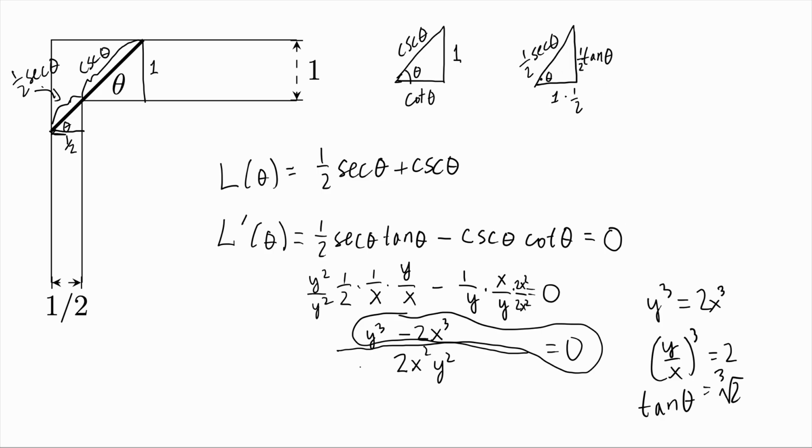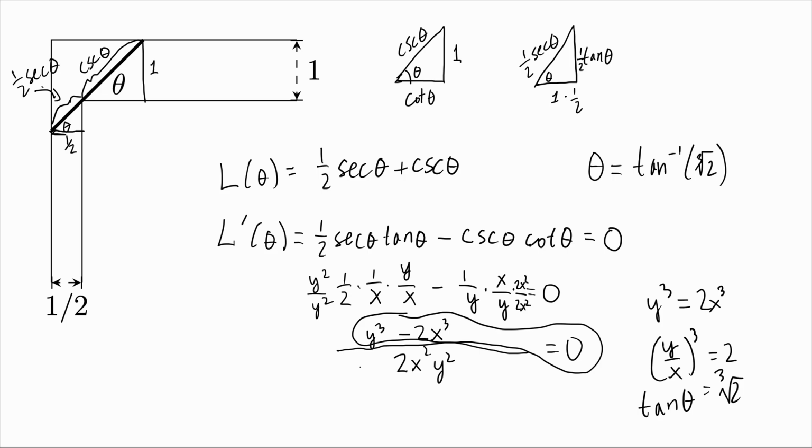So, at least in our situation, taking the tangent inverse of cube root of 2 will give us the theta that we want. This will be the value of theta. Now, does it represent a minimum? Will we actually be minimizing this?